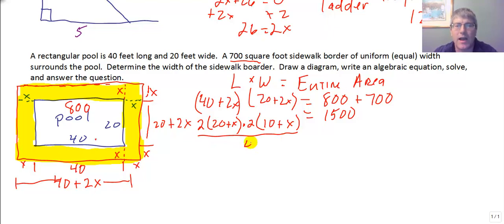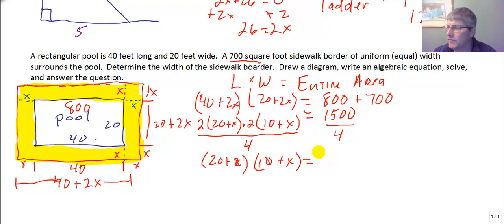So I'm going to divide that out. Divide both sides by 4. 1500 is divisible by 4. So I'm left with 20 plus x times 10 plus x equals 1500 divided by 4 is 375.